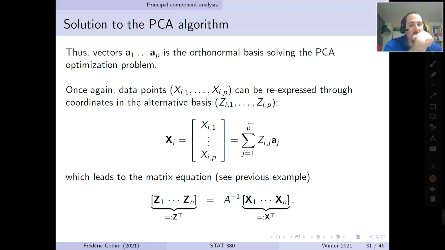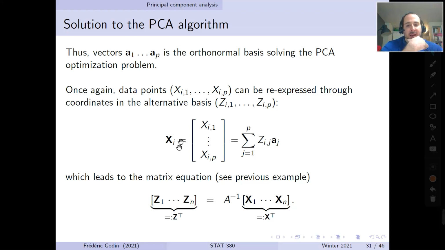And these coordinates using the new axis will be denoted by Z1 until ZP. Okay, so Z1 until ZP are basically the coordinates of each data point i when we use the alternative set of axes A1 until AP. So how do we do that?